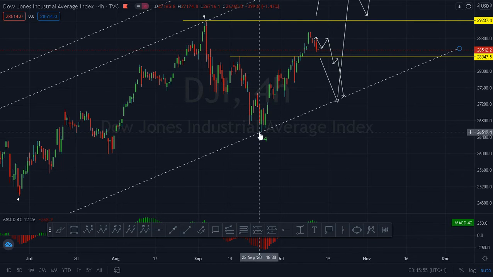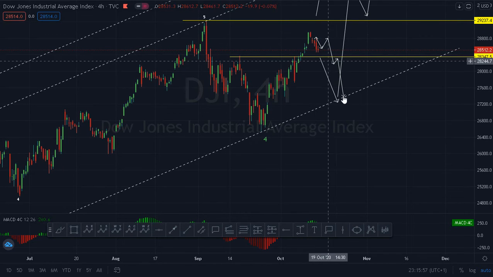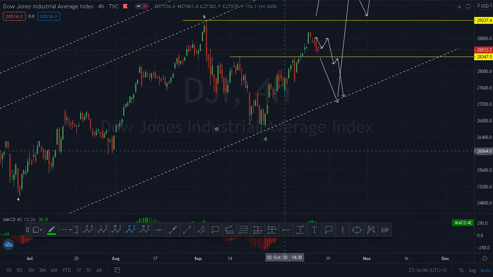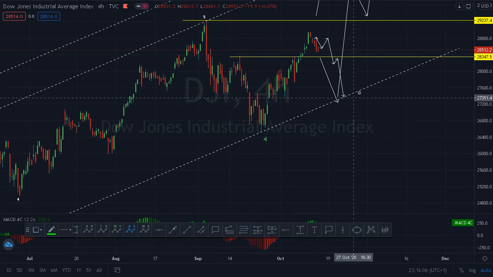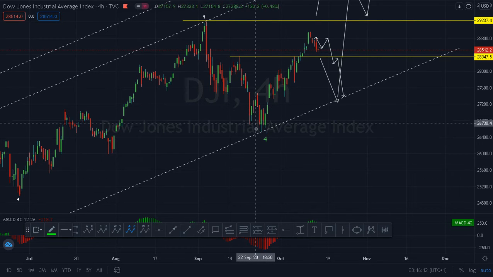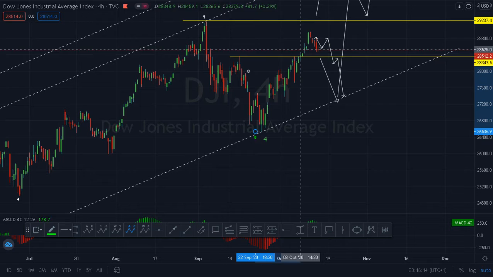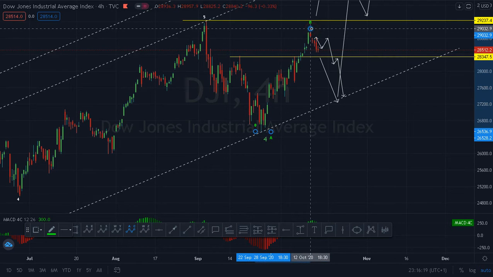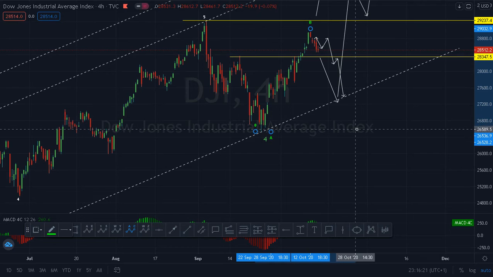This is A, then this is B, and then C. In this type of scenario, if price breaks this trend line, we will likely have wave 4 somewhere here, which means here is A, here is B, and C will be somewhere here.